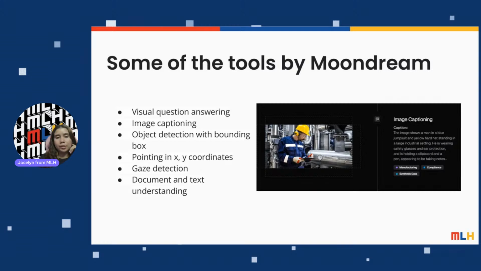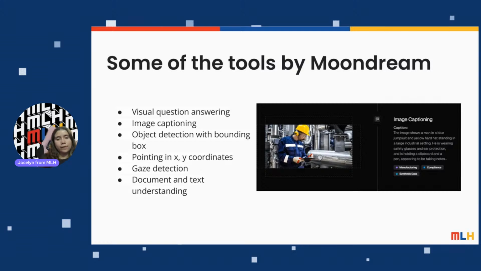Then we also have image captioning, which basically generates a description of the image. I pasted this example here from the Moondream documentation, and this is the image and this is the caption, and you can select how large you want your caption to be.